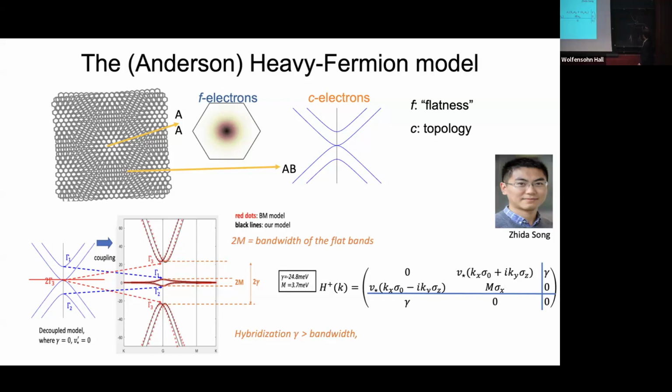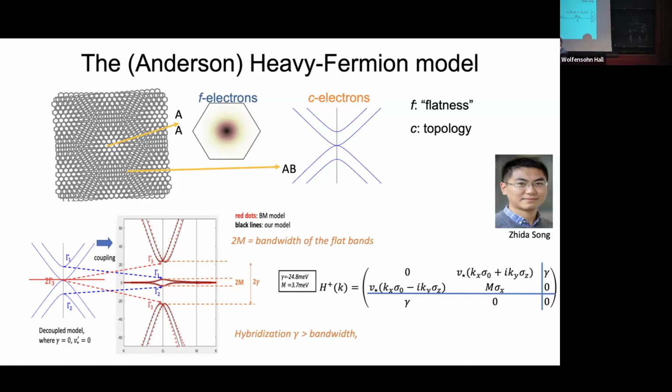Then I have f dagger f with a 0 probably, if it's flat, because I have no hopping. But then I bring a band k squared over 2m, c dagger c, plus delta f dagger c, f dagger c. So if I now make a band inversion, I can go topological.